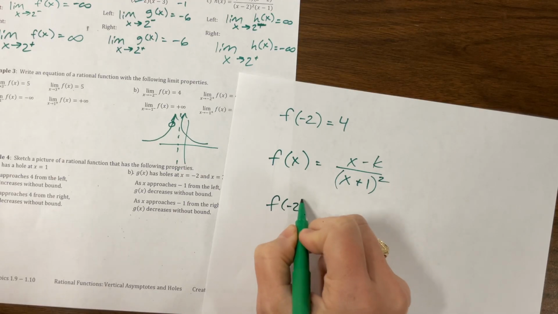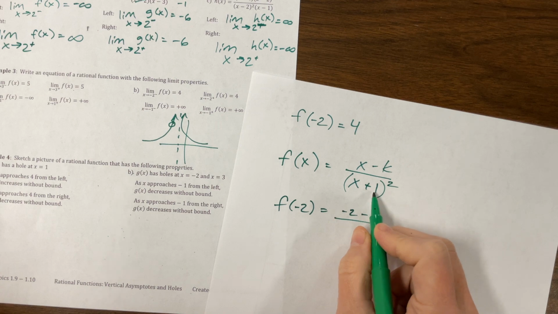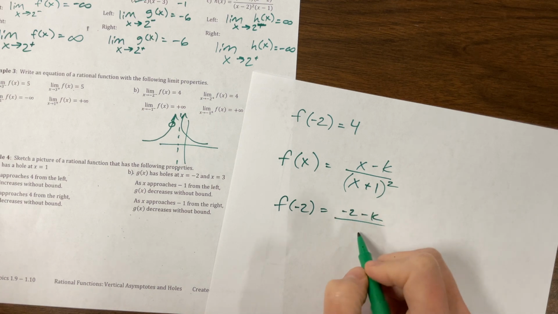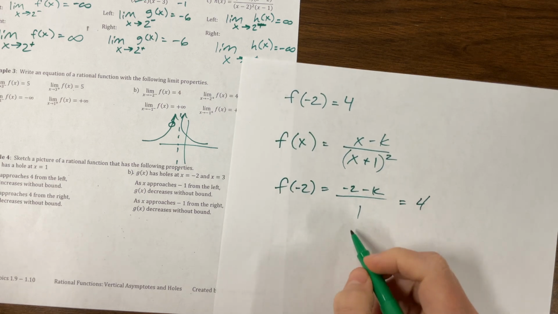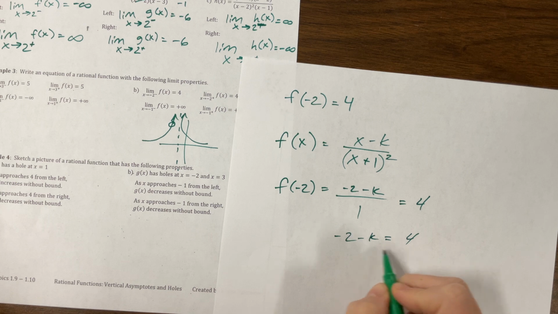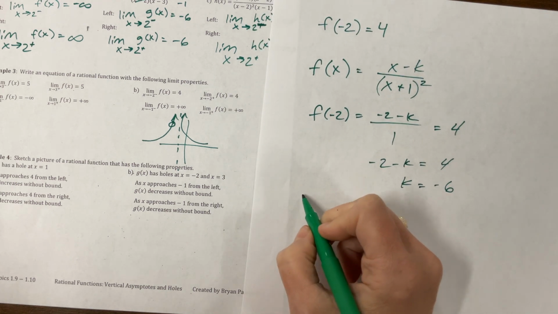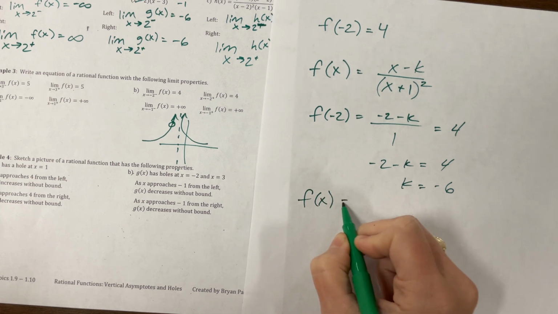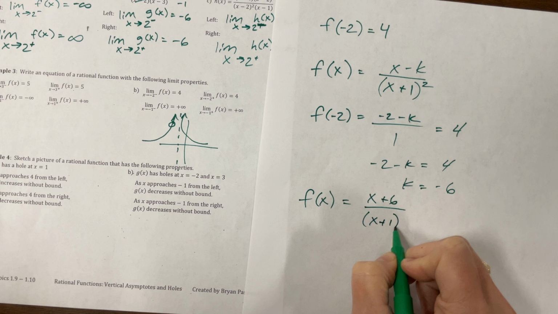So f of negative 2 would equal (negative 2 minus k) over (negative 2 plus 1) which is negative 1 squared, which is 1. And this needed to equal 4. So negative 2 minus k equals 4. That's 6, so k equals negative 6. So f of x is equal to (x plus 6) over (x plus 1) squared.